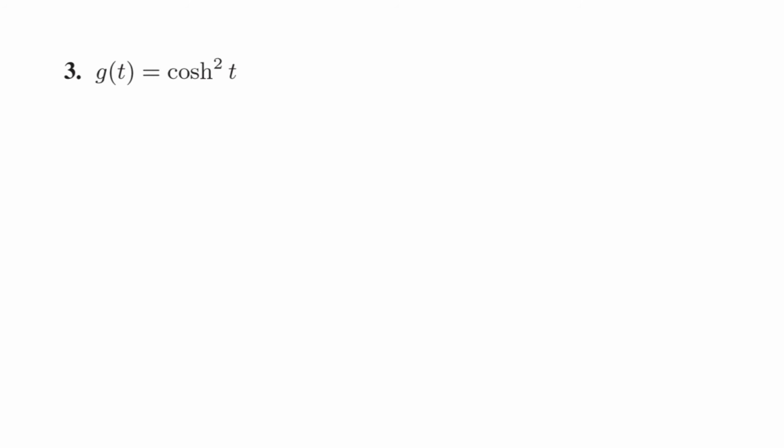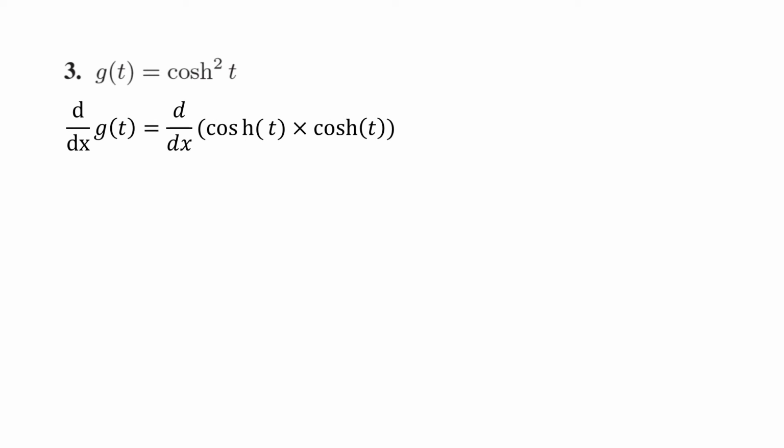How can we find the derivative of hyperbolic cosine squared t? The most explicit way of calculating the derivative is by using the product rule.